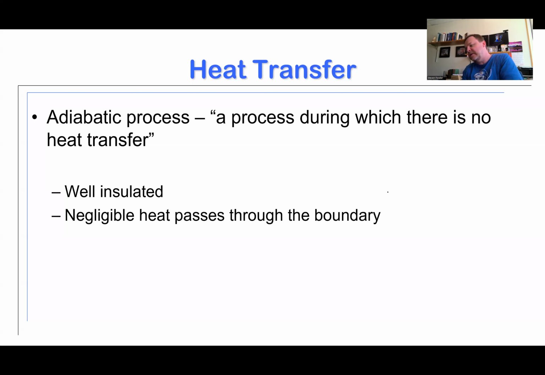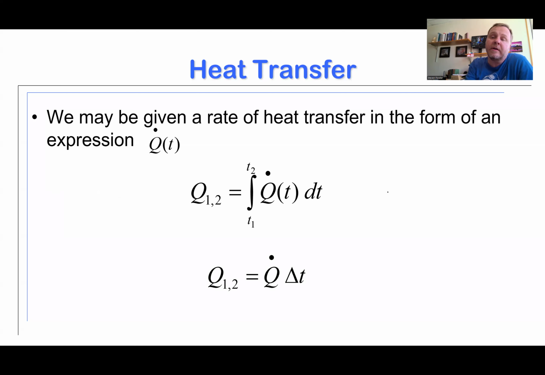In the Cengel and Boles text, I've not seen them use that, but I have seen other texts where they'll say the process occurs rapidly or occurs over a very short time. And when they use those words, there are some texts that want you to assume there's no heat transfer. Not something I will use because your text doesn't use it, but that is in the realm of possibility if you're looking at other things.